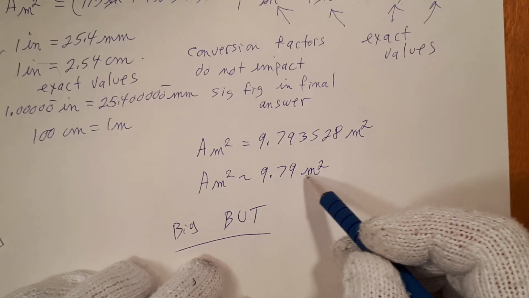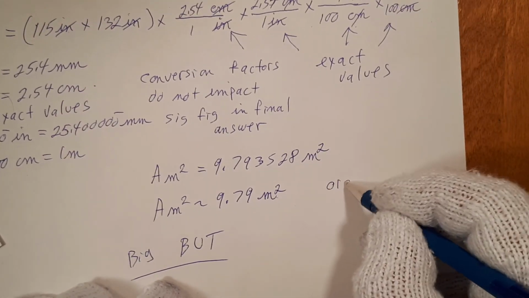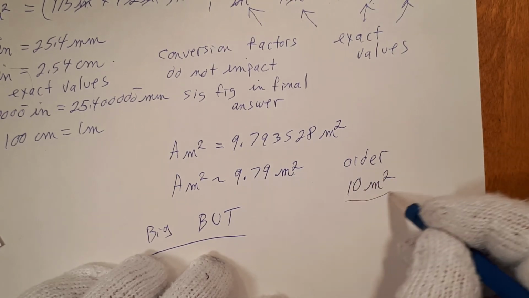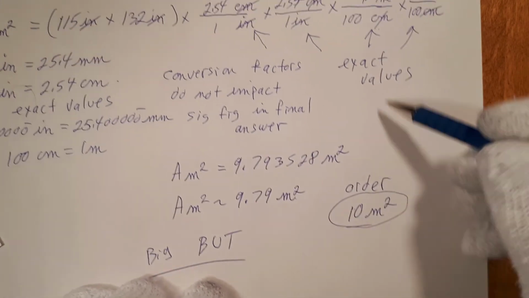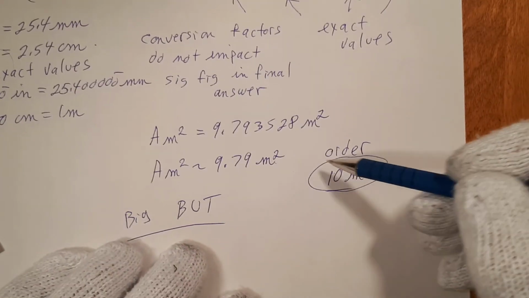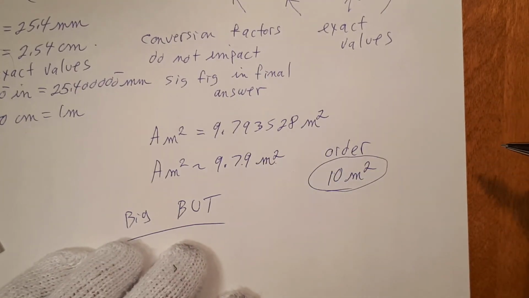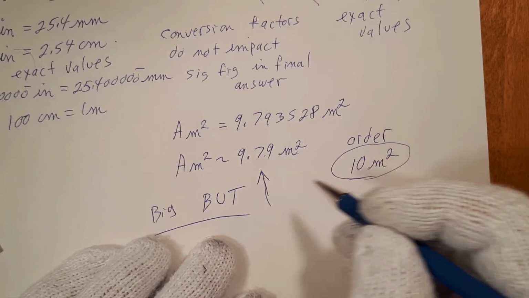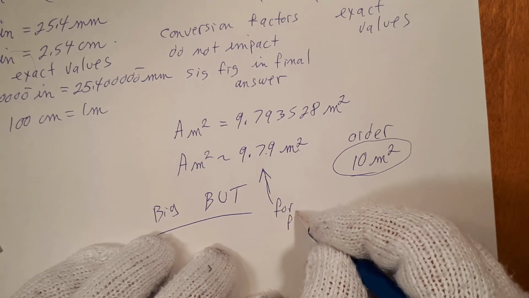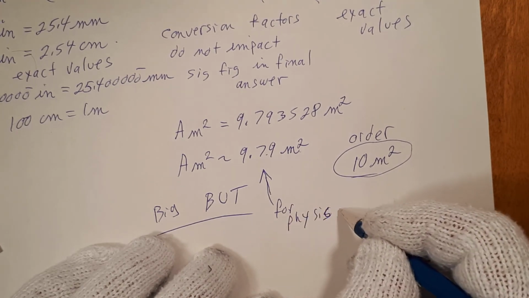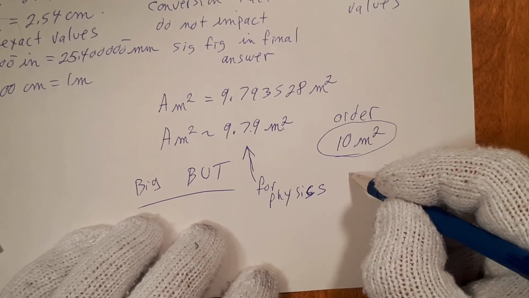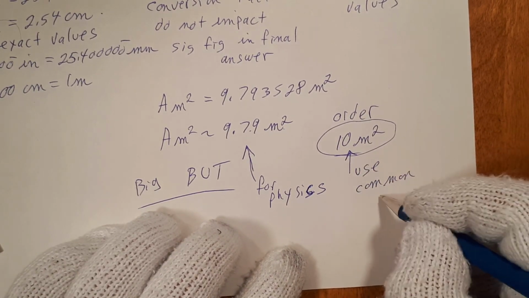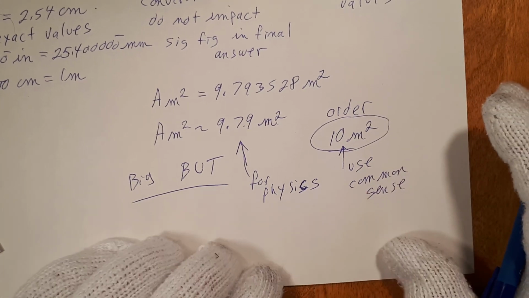Instead of ordering 9.79 square meters, order, say, 10 square meters. Because they're sold in square meters, you'll order 10, and you know you'll have enough in case there's any reason for scrap. For physics purposes, this is what we're going to do. For real life, use your common sense when it comes to rounding.